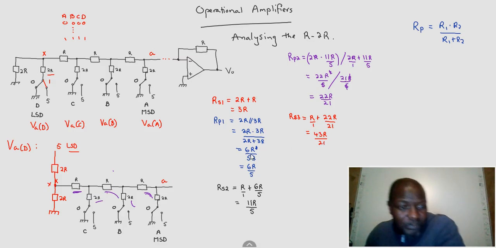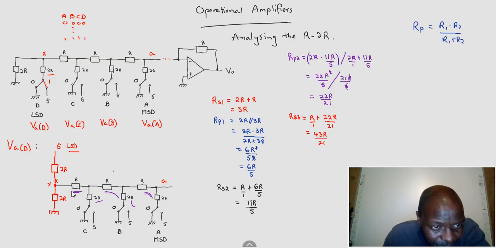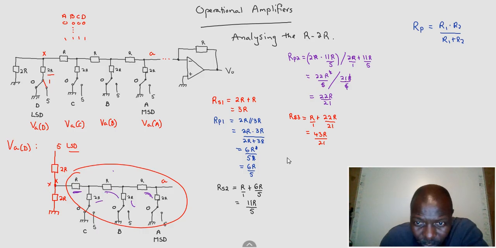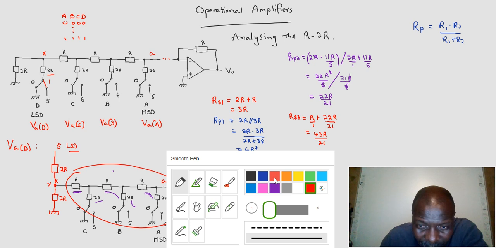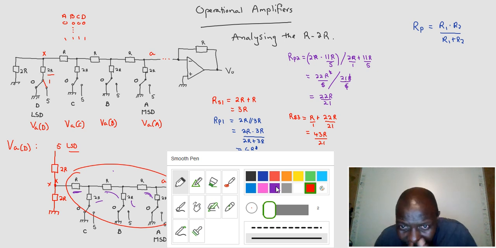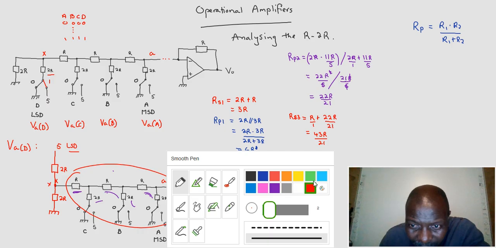So that was straightforward. But before we get there, we have to get a final parallel value, because this whole value will become one value. All this will become that one value, R series 3. So it is in parallel with the 2R. So we have to get R parallel 3. I have to change colors, because I don't think this is nicely visible.